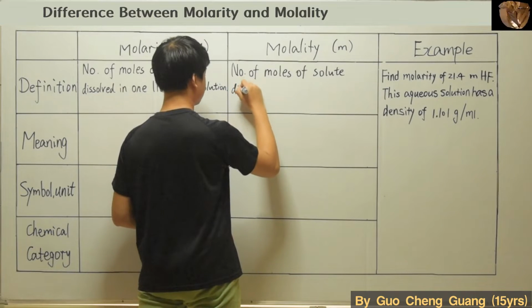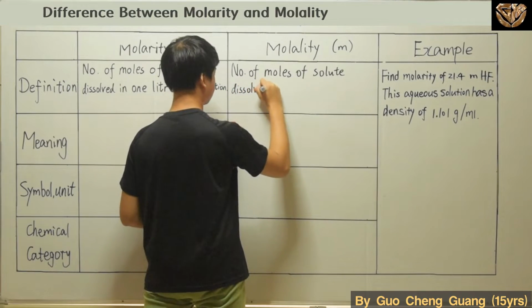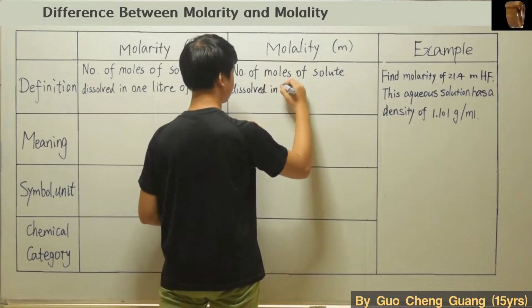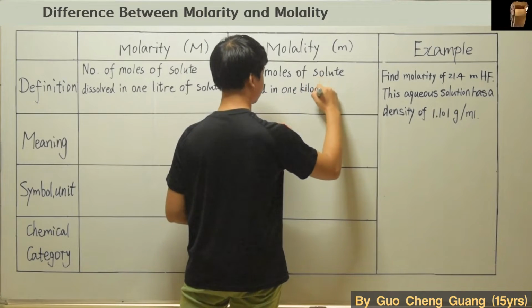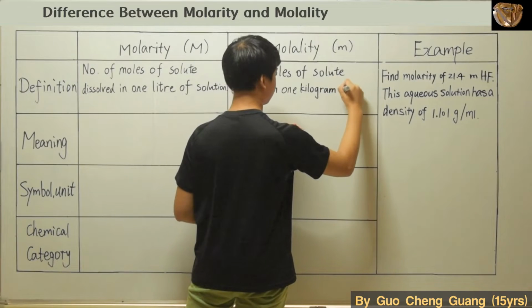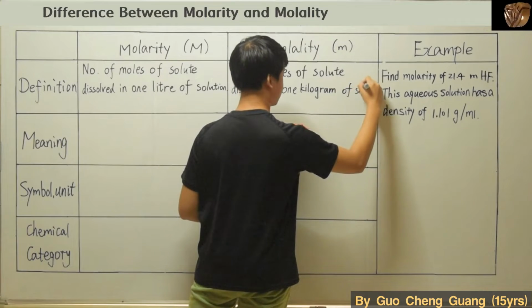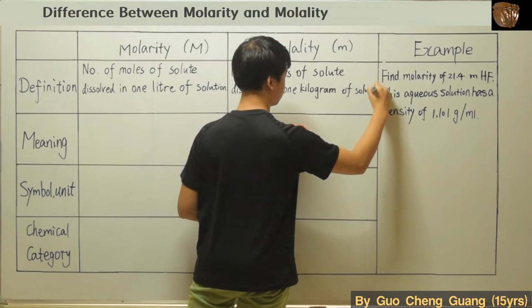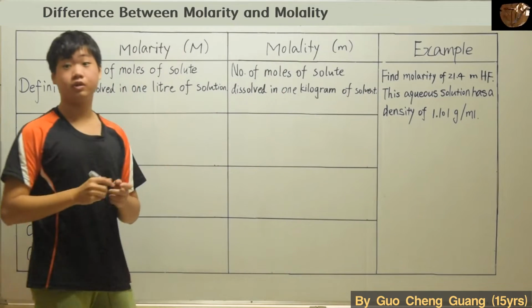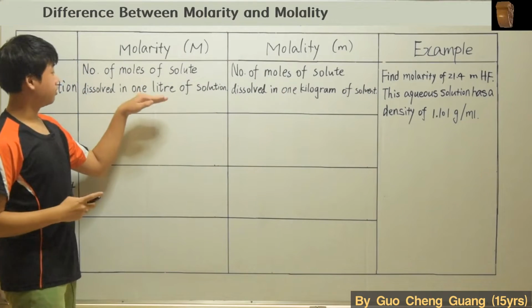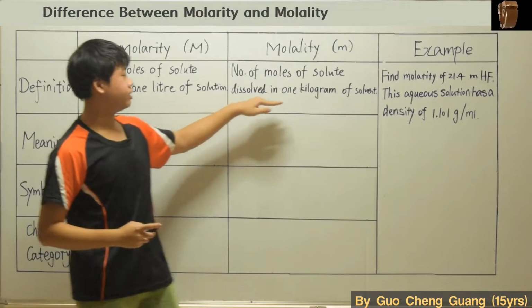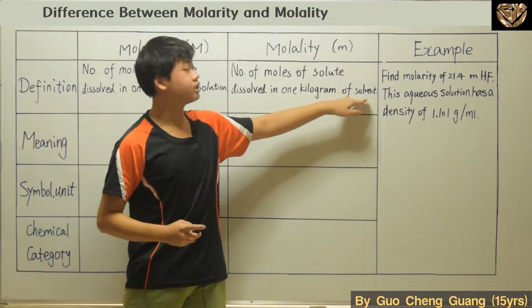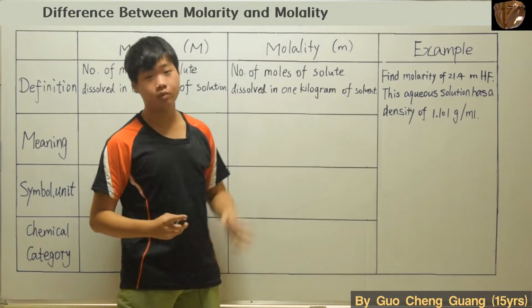This is dissolved in 1 kilogram of solvent. So see a difference over here. One is using the volume of solution. The other is using the mass of solvent. Alright? So you have to be aware of these.